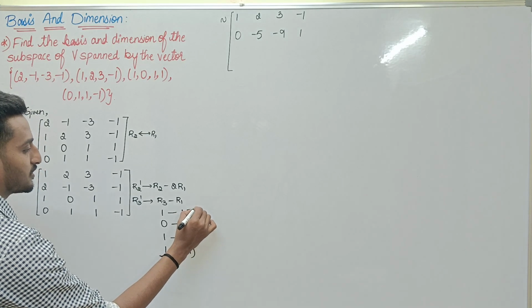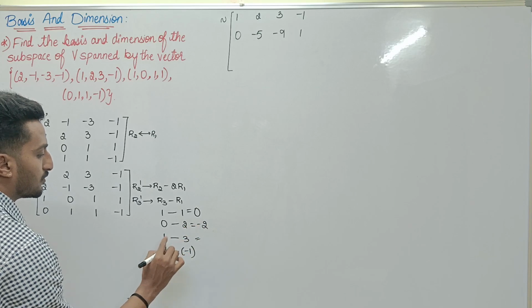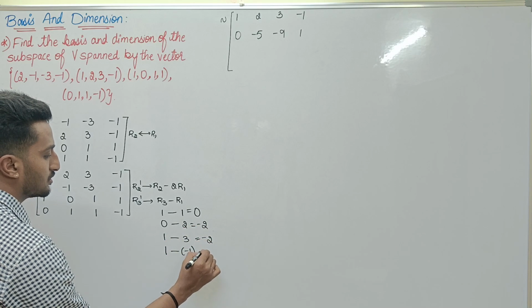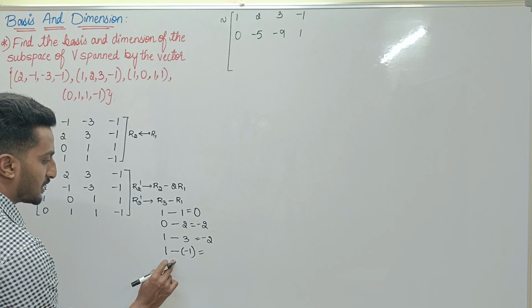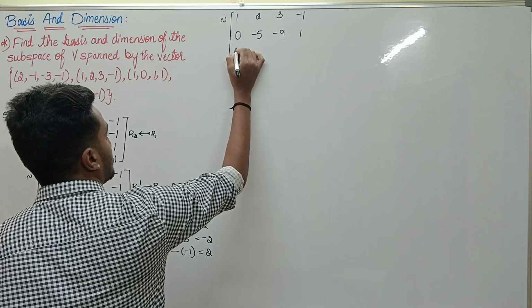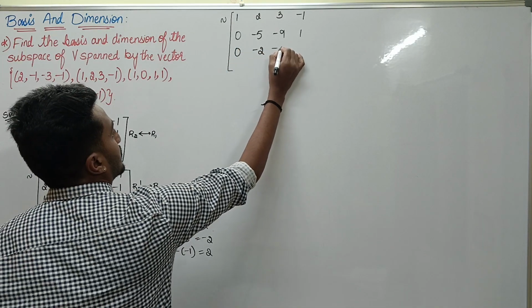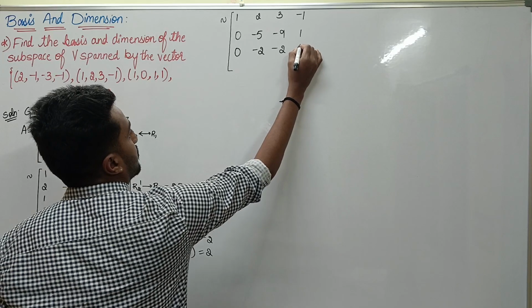Which will be 1 minus 1, 0; 0 minus 2, minus 2; 1 minus 3, minus 2; and 1 plus 1, 2. So we get 0, minus 2, minus 2, 2.